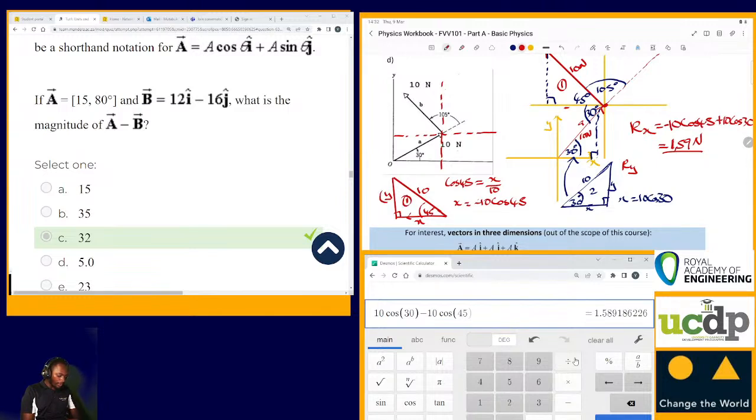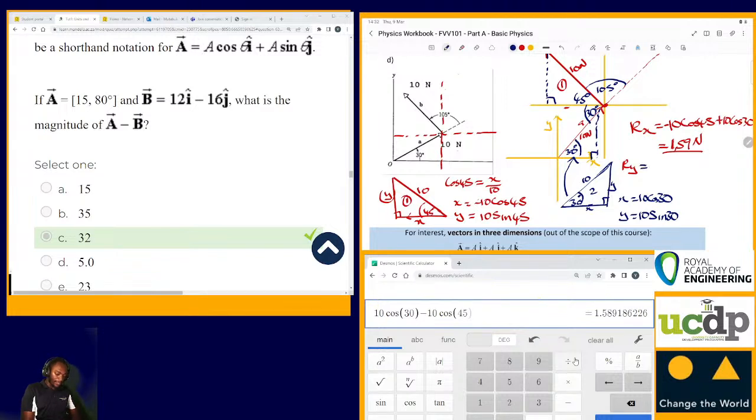We're now looking for the opposite, so it's going to be sine, right? So y is going to be equal to 10 sine 45, and here y is going to be equal to 10 sine 30. You can do it the longer way if you like, which is always safe, by the way.